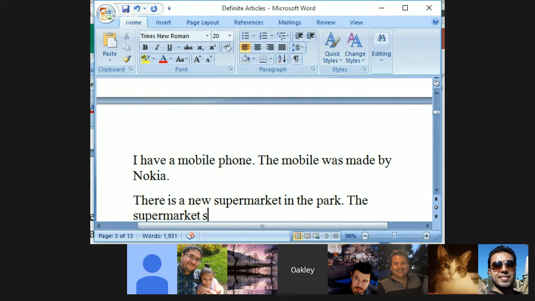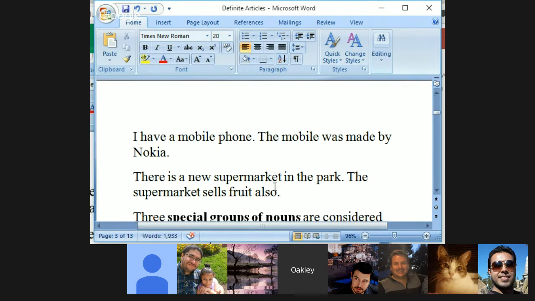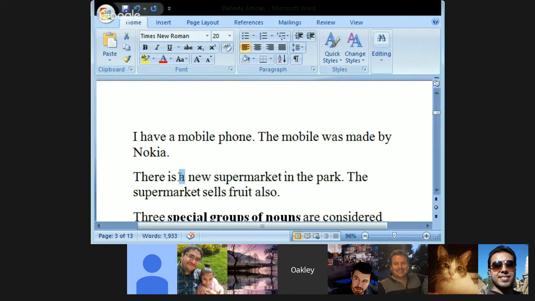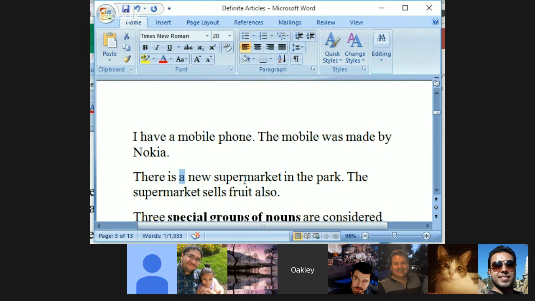Okay, a new supermarket. First of all, demonstrate. This demonstrates that even when we use an adjective, the article rules still remain the same. Terrific. The supermarket sells fruit also.